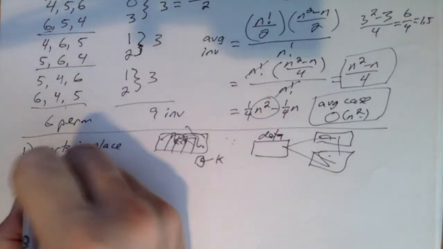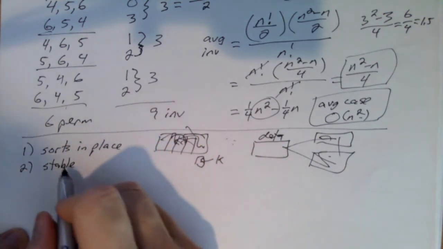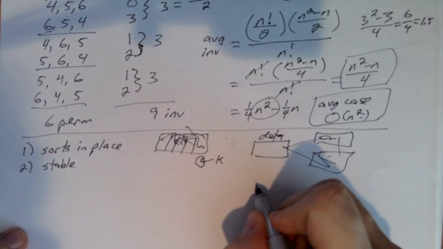Another thing about insertion sort is that it's stable. What that means is we maintain relative order when there are ties. Let's say you wanted to sort these names.